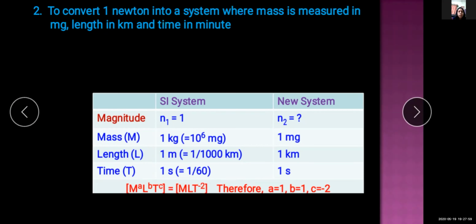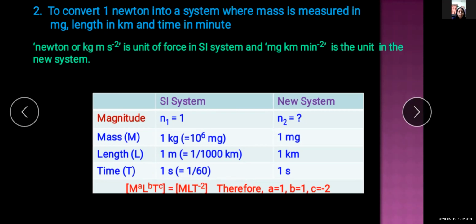And we know the dimensional formula of force is MLT minus 2. Therefore a equal to 1, b equal to 1, and c equal to minus 2. Newton or kilogram meter per second square is the unit of force in the old system, and milligram kilometer per minute square is the unit in the new system.